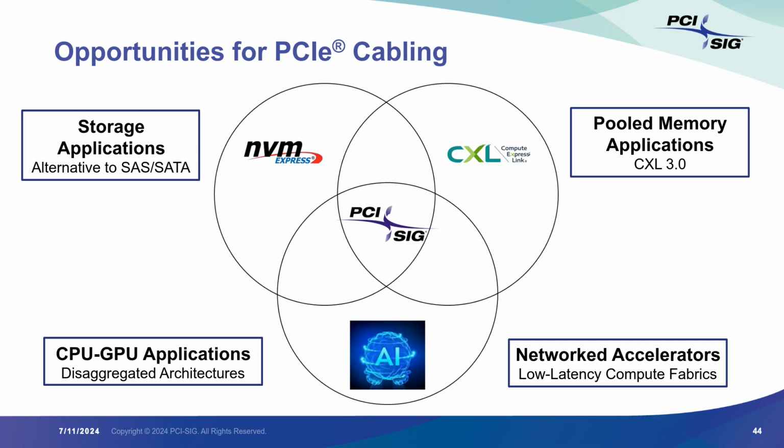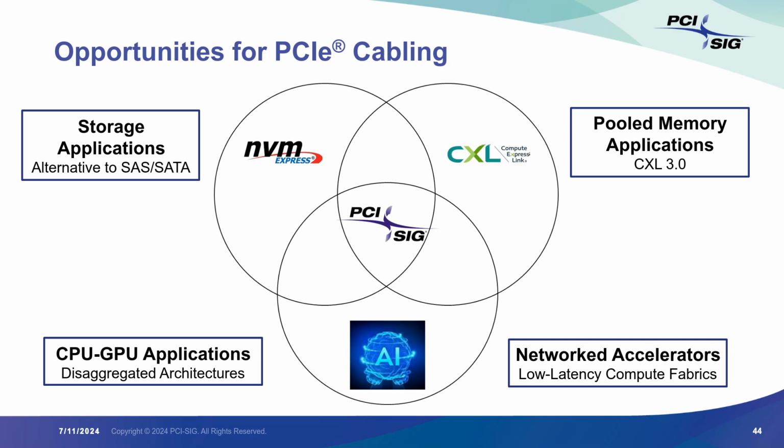Traditionally, a lot of the cabling efforts have been focused on storage applications, but I think we're seeing more opportunities for using PCIe physical layer and PCIe cabling to support pooled memory applications adjacent to CXL technologies, and then possibly even extending the compute interconnect to create more of a fabric of networked accelerators and creating a GPU and CPU application link type that would really enable farther reach than what copper can get as we extend to higher data rates.